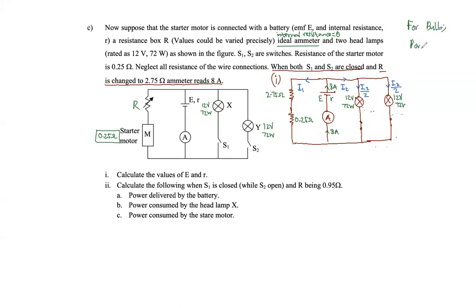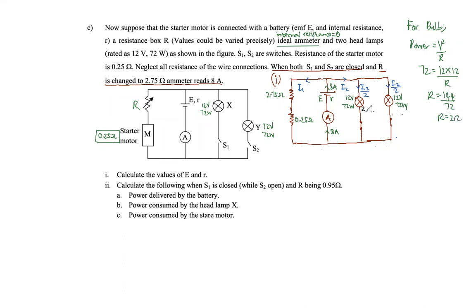Power is equal to V squared over R. Power is 72 watt. Voltage is 12 into 12. Resistance is unknown. So R is equal to 144 over 72. That is 2 ohm. That is the resistance of the bulb, 2 ohm.